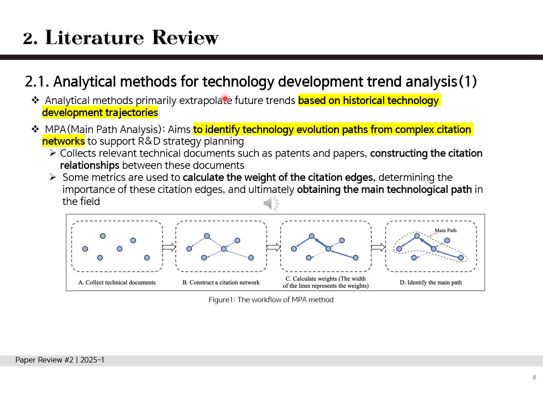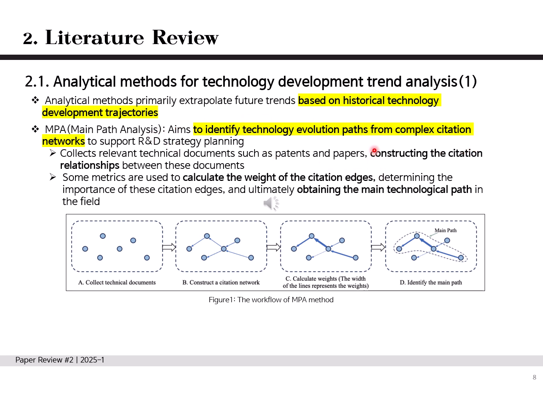There are some analytical methods for technology development trend analysis. Primarily, they have used trends based on historical technology development trajectories by using MPA, called main path analysis. They aim to identify technology evolution paths from complex citation networks to support R&D strategy planning.